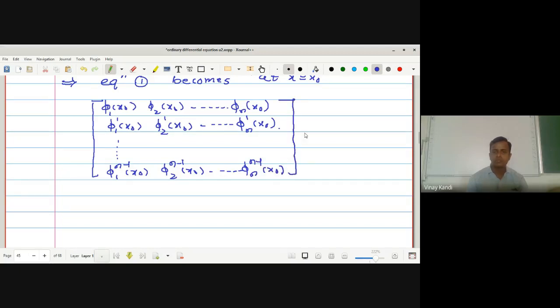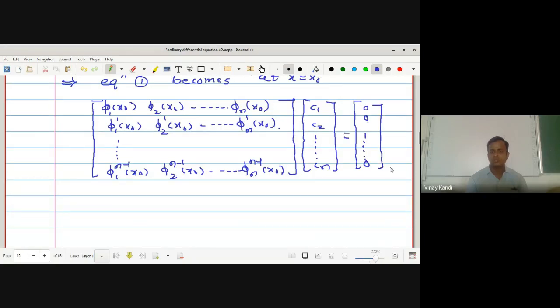Okay, and this is the column vector c1, c2 up to cn, which is equal to 0, 0, and this one is 0. Okay, any doubt up to here?